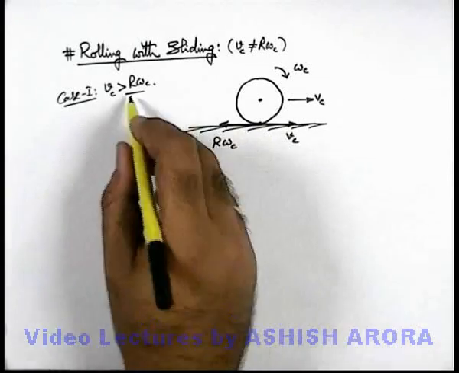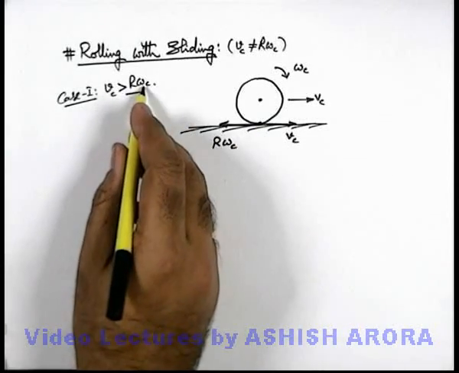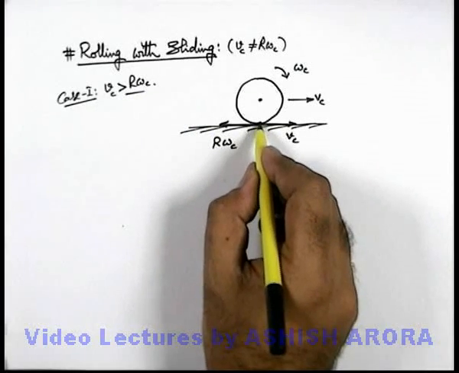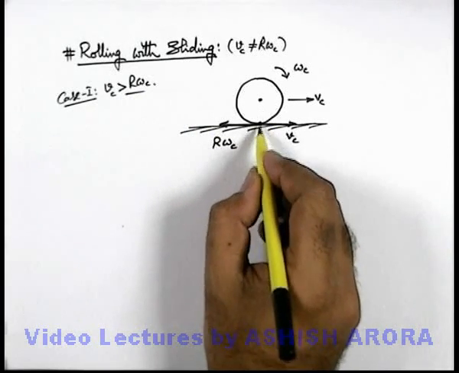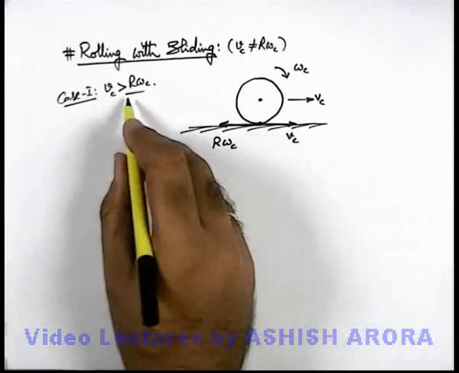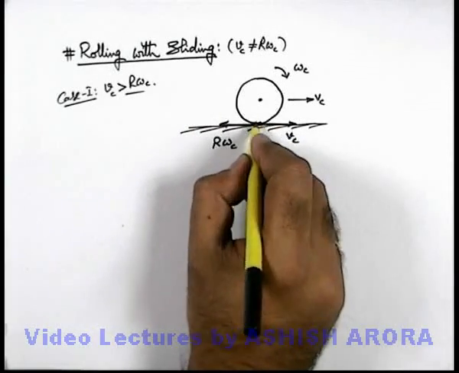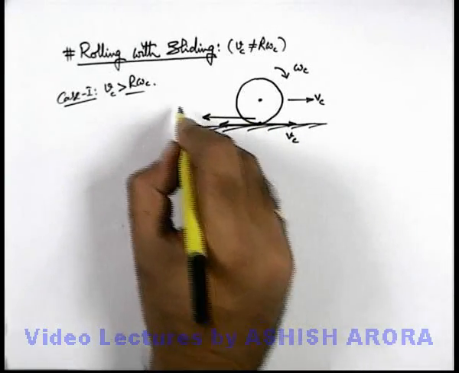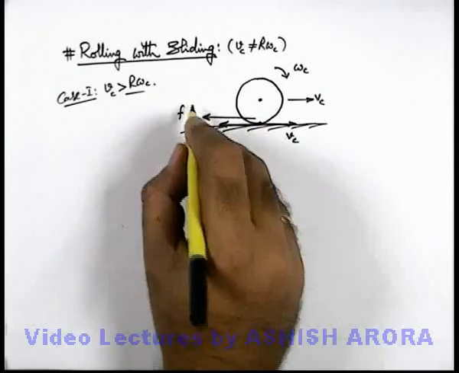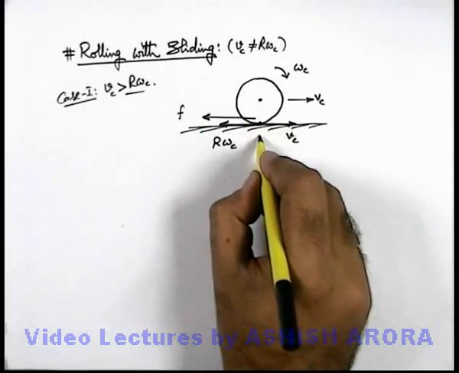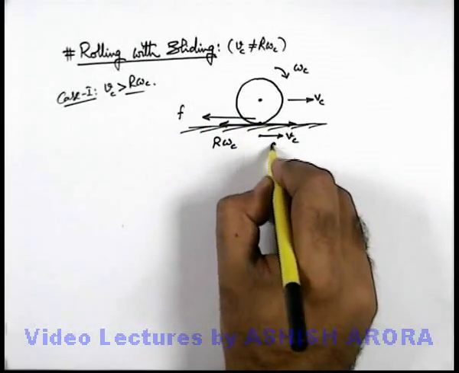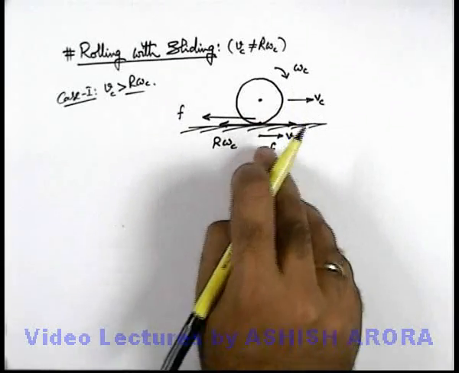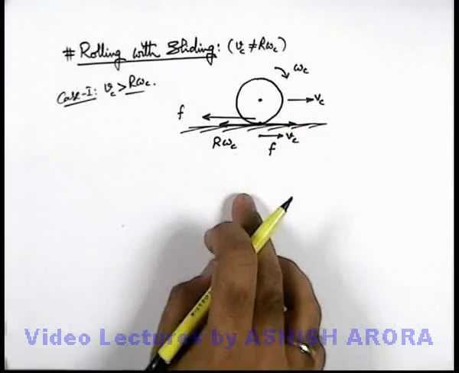So in this situation, if Vc is more than r omega c, that means the point of contact of the body with the ground will move in forward direction as Vc is more. So if this slides in forward direction, friction will act in backward direction due to the roughness of the ground, and the friction on the ground will act in forward direction according to Newton's third law.